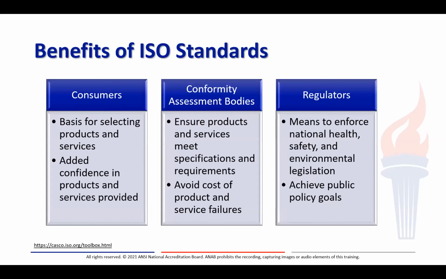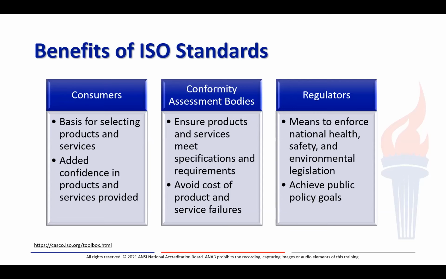There are many benefits to certification and accreditation using ISO standards. Consumers, conformity assessment bodies or organizations, and regulators benefit from the use of ISO standards to implement and maintain management systems. Consumers use certification or accreditation as a basis for selecting products and services. Certified and accredited organizations have a set of rules, so to speak, to follow to manage their operations using their management system.